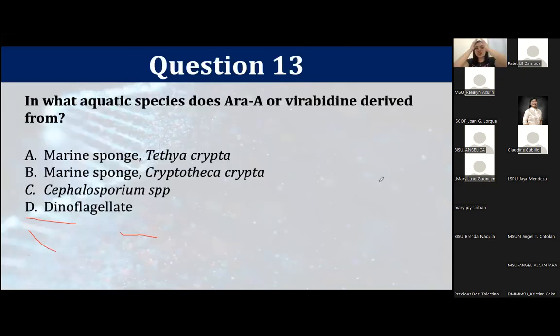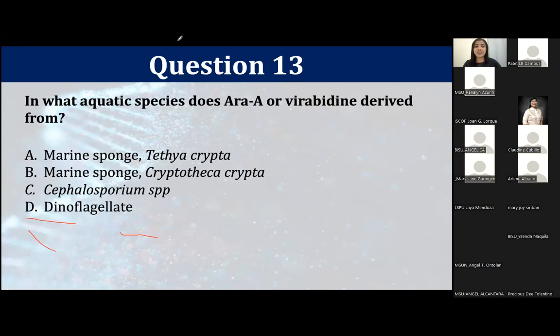Okay, next question. In what aquatic species does ara A or virabitin derive from? Okay. Ano yung sagot ninyo? A, marine sponge, Tithia crypta, B, marine sponge, Cryptotheca crypta, C, Cephalosporium species, D, dinoflagellate.